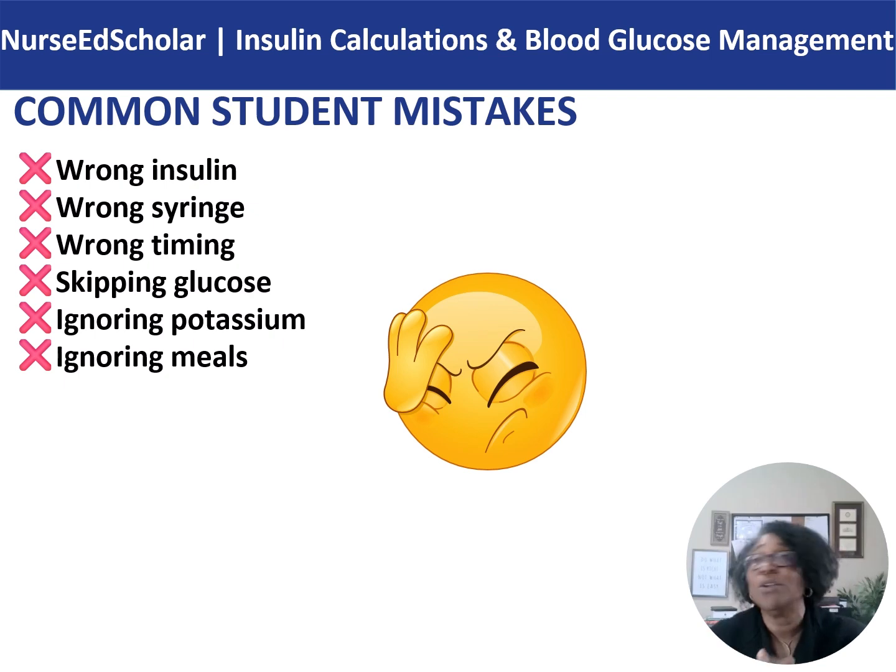They went to 10 units. They went to 20 units. And when they got to 40 units, I asked the student, how many units are you supposed to be giving? And they said 10. And they looked at the syringe and they just freaked out because they had gotten to 40 units being distracted. And this is one thing that you can't do with insulin, is be distracted. Okay. So I should have listed that as a common mistake because it happens.